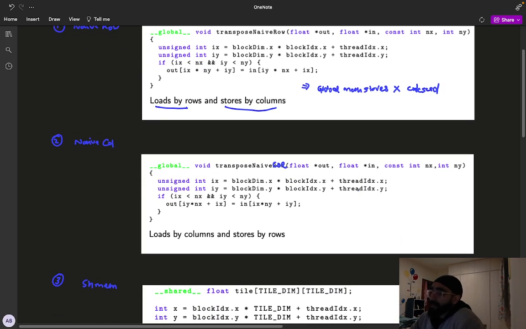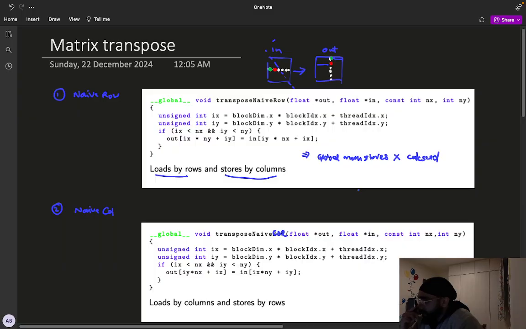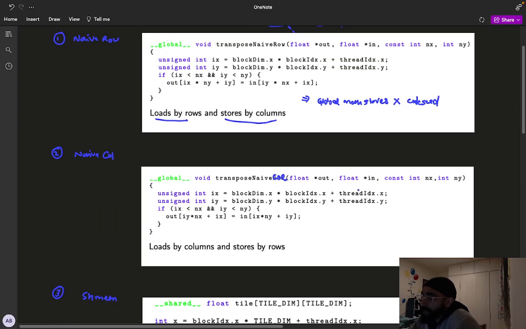In the first implementation, we loaded row wise and stored column wise. In the second implementation, we would load column wise and store row wise.